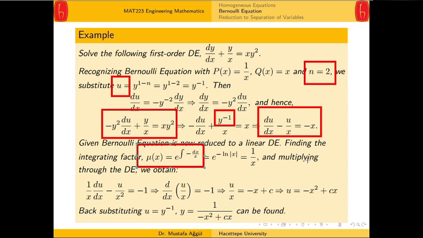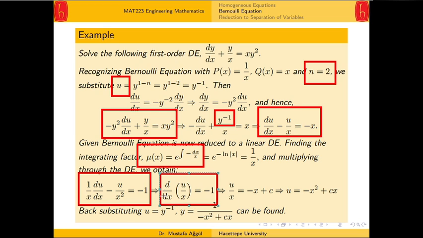If you multiply the differential equation through by the integrating factor 1 over x, then we will have this differential equation. The left hand side is equal to the derivative of this product, u times the integrating factor, and on the right hand side we have -1.